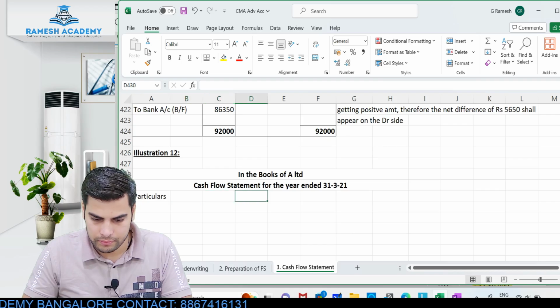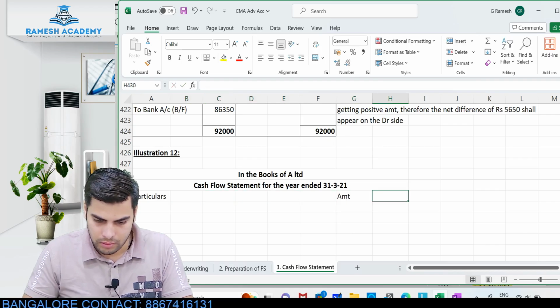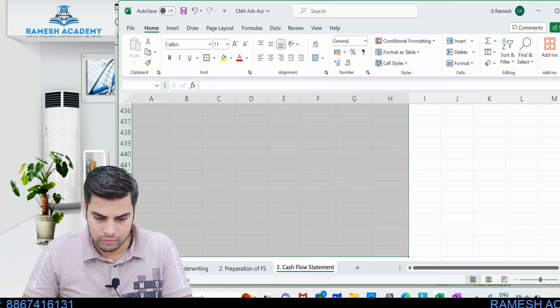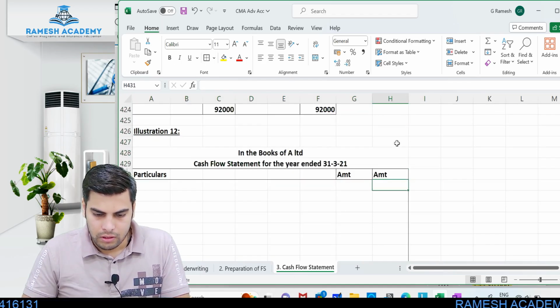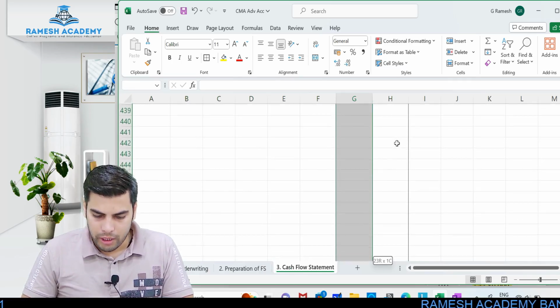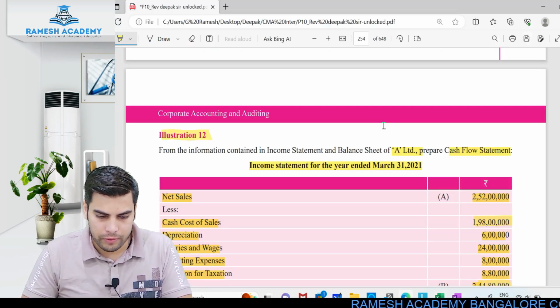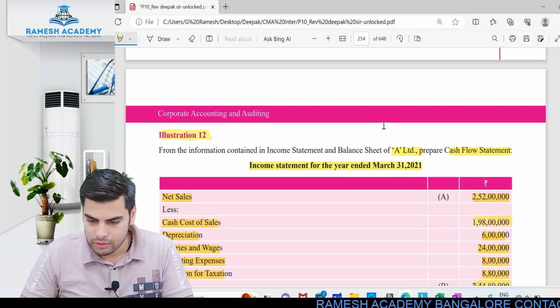Particulars, amount and amount. So here they have given you the profit information. So we'll be following the indirect method. So how much is the net profit which has been given?